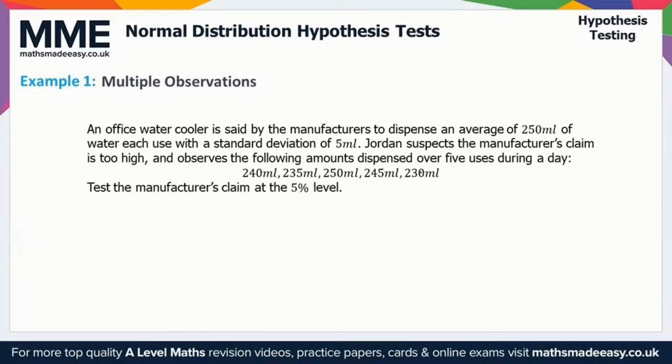So here, this is a hypothesis test, so first what we want to do is define our hypotheses. But before we define the hypotheses here, we need to define the parameter. So mu here is the parameter we use because this is a normal distribution hypothesis test. So mu is the mean amount the water cooler dispenses in each use.